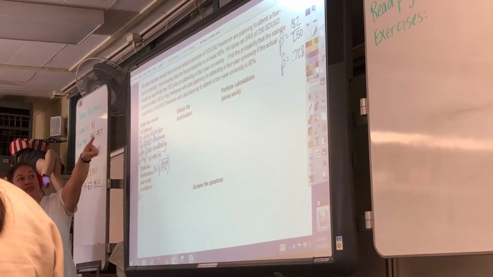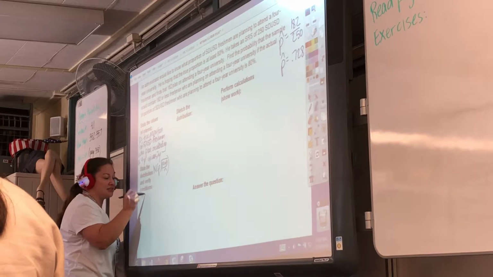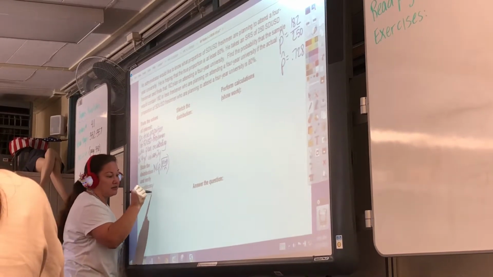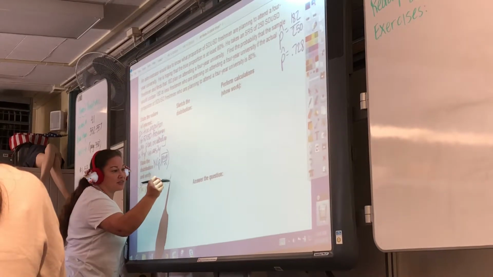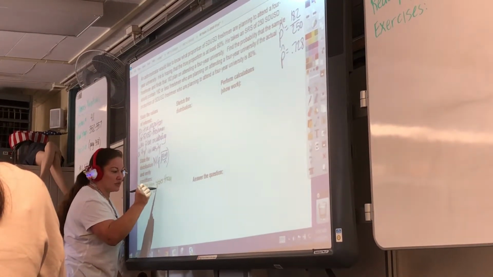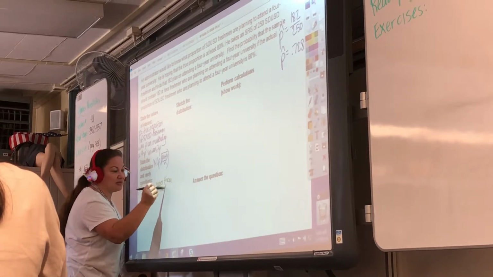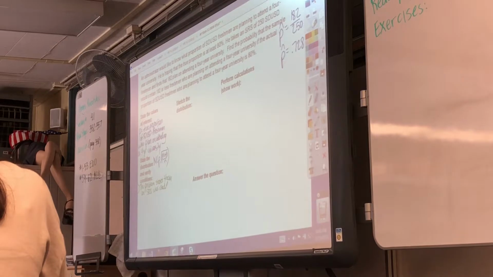It already tells me, so I would say something like a verbal sentence. The problem states that an SRS was used. Therefore, we know that it's an unbiased estimator, so it's actually measuring the correct proportion that I want it to.